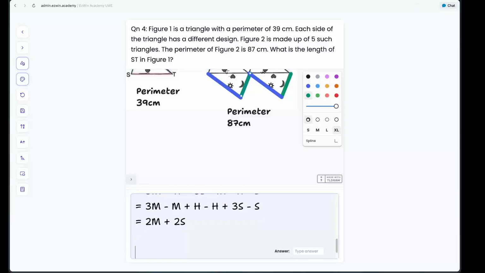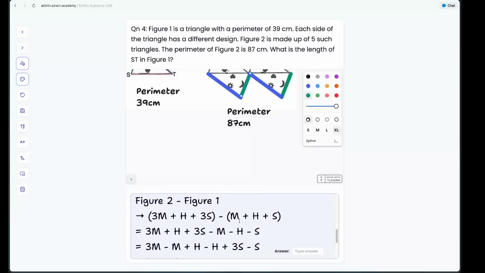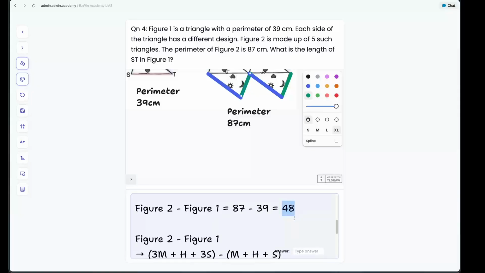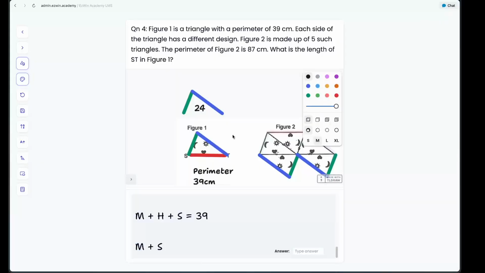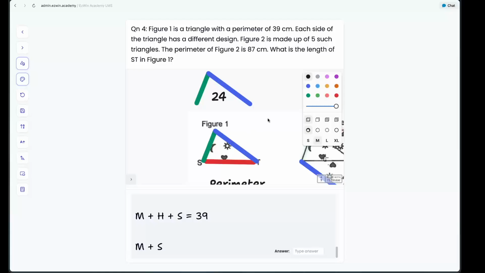All right, so we know that 2M plus 2S, or 2 moons plus 2 suns, is equal to 48. Then we can divide them by 2. So 1M plus 1S is equal to 48 divided by 2. This will give us 24. So since we know M plus H plus S is equal to 39, so basically if I show it like this, this M plus S is equal to 24.